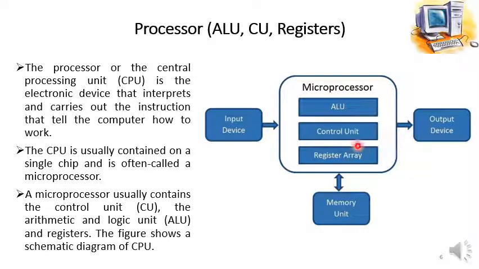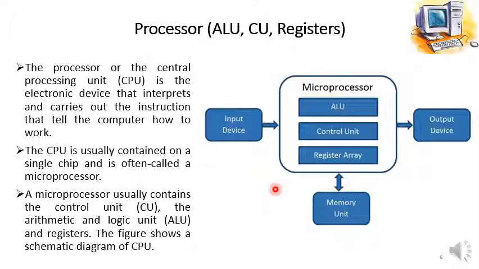If it is a sound type output, it will be sent to an output device like a speaker. If it is a graphical output, it will be sent to the monitor. If it is a file and we want to store it inside our computer, it will be given to the memory unit. It can be stored permanently.